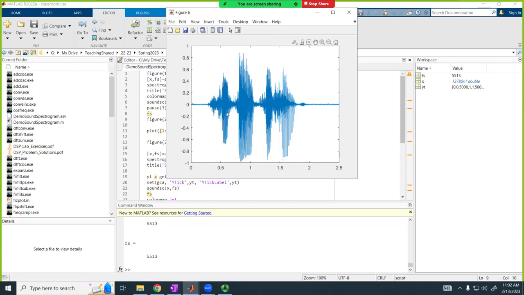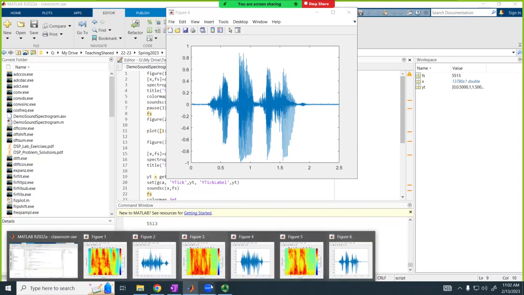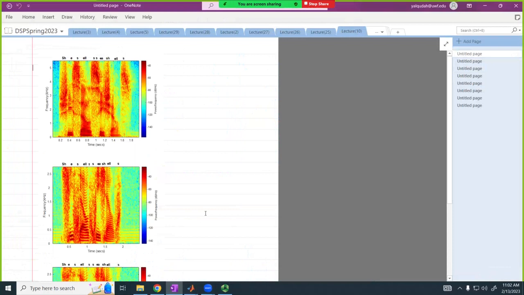Let's just look at the spectrum of the sentence that was read, "She sells seashells." This is the time axis, and this is the frequency content.